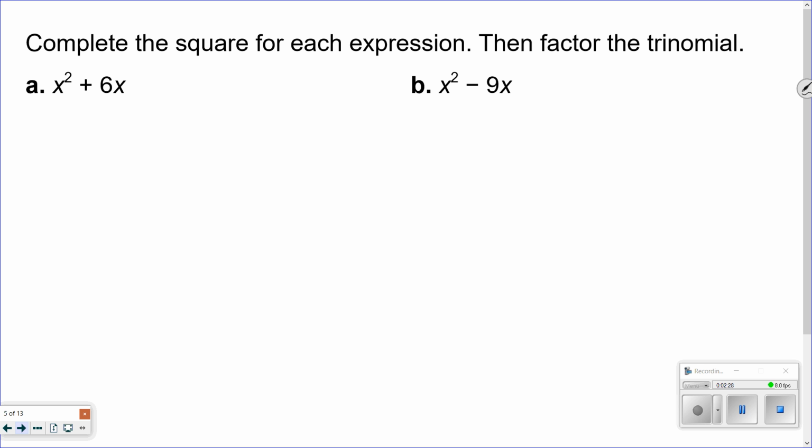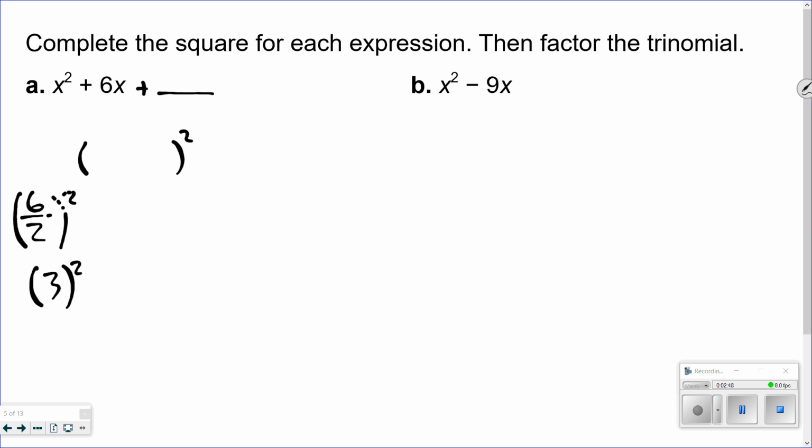So what this question is asking is, what number would I have to add right here to make that into a perfect square, so that when I factor it, it comes out to be a perfect square? What it ends up being is you take half the middle number, and then you square it. Half of 6 is 3, and 3 squared is 9.